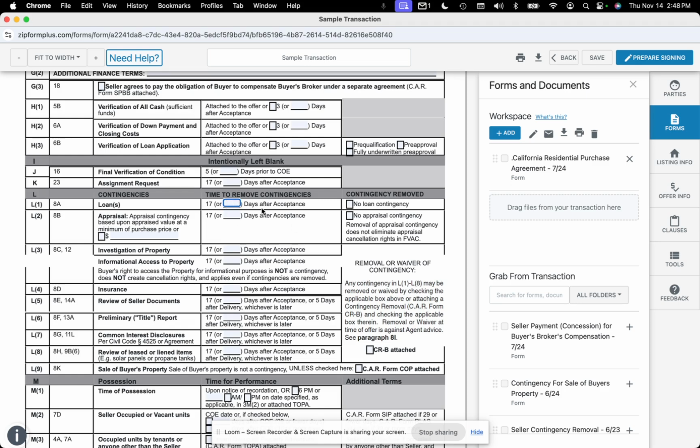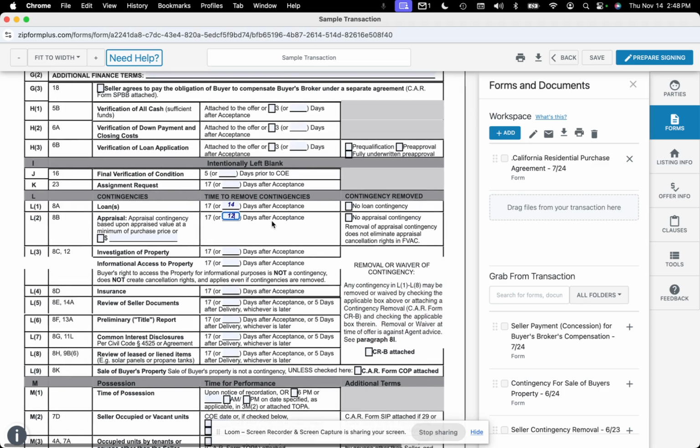Usually I will put 14 days for a loan contingency and 12 days for an appraisal contingency, but I will always check with the lender and see what the market timelines are for appraisals these days when I'm putting in an offer. Investigation of property is the rest of these disclosures with the exception of the last one.